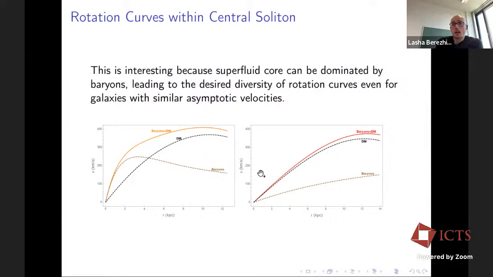For instance, these are two examples of toy galaxies with the same baryonic content and the same total dark matter content. So same dark matter content within the central region, same central soliton mass in both cases, forgetting about all the envelope, and the same baryonic content within the central soliton.